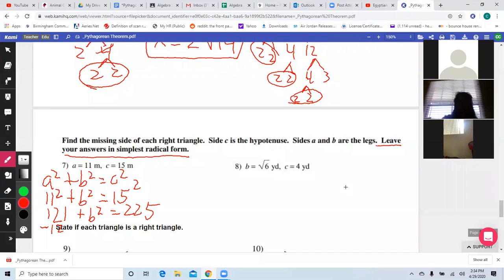I subtract 121 from both sides. And then I get b squared is equal to 104.